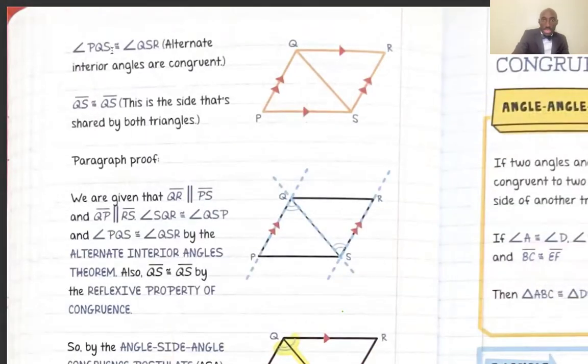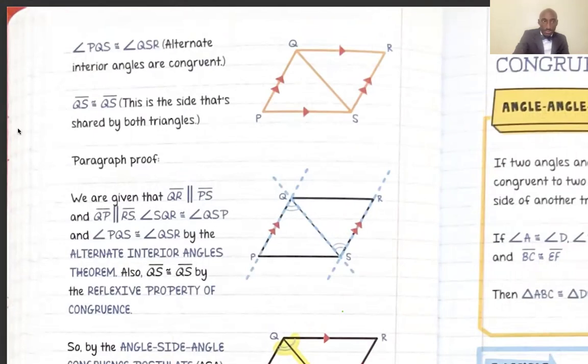Angle PQS is congruent to angle QSR. Side QS is congruent to side QS, the side that's shared by both triangles.